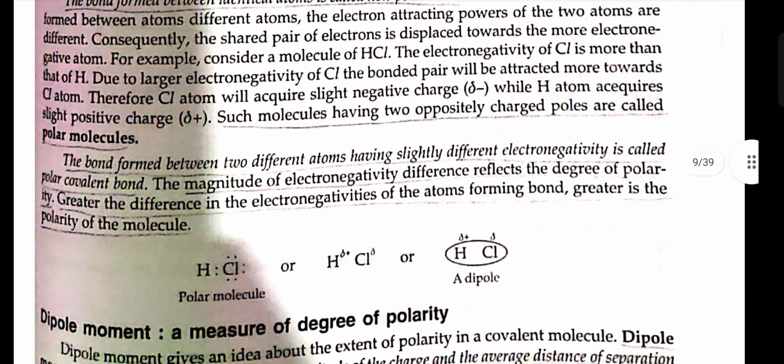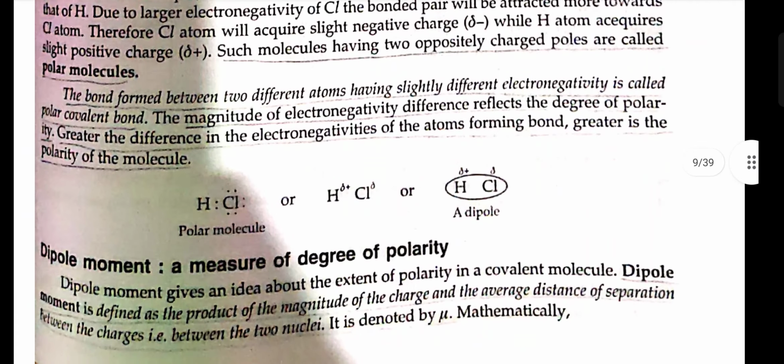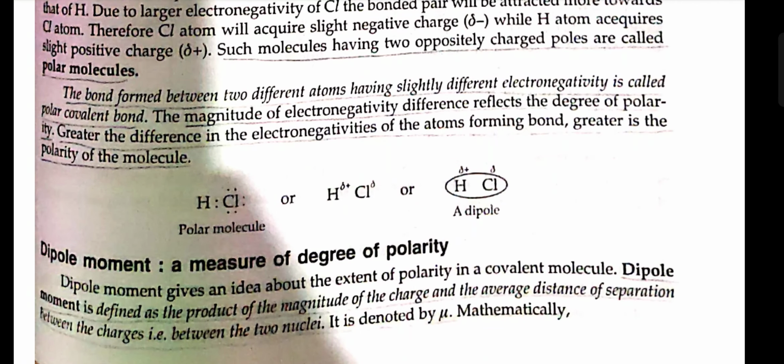As we can see in HCl, the electronegativity of H and Cl are different. That's why they create slight charges: slightly positive on H and slightly negative on Cl.